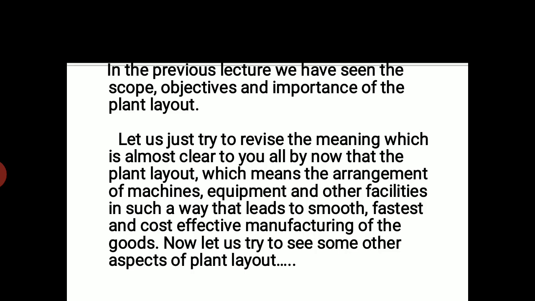Any facility we may be using for production, where it should be located and how the arrangement should be done. When you decide everything, we say the manufacturer has decided on plant layout.